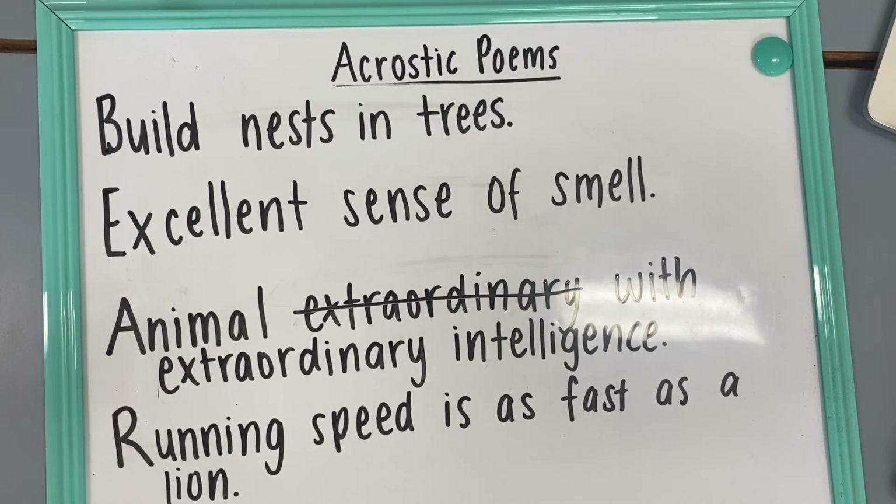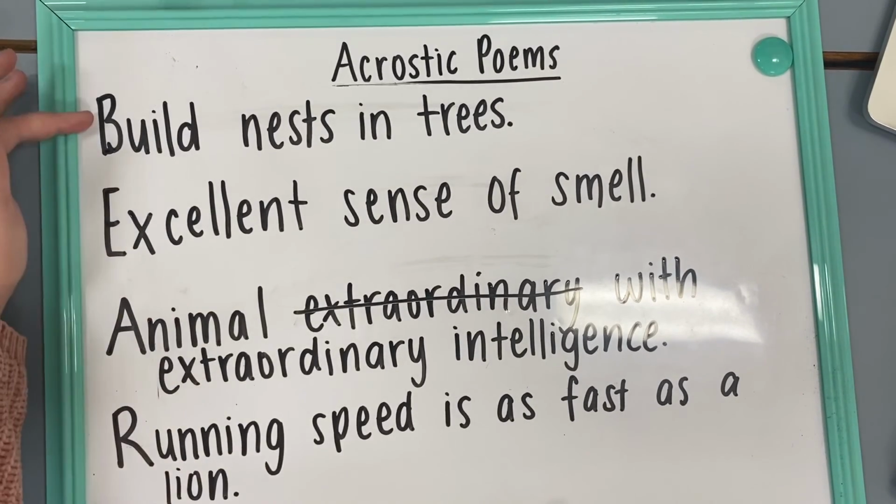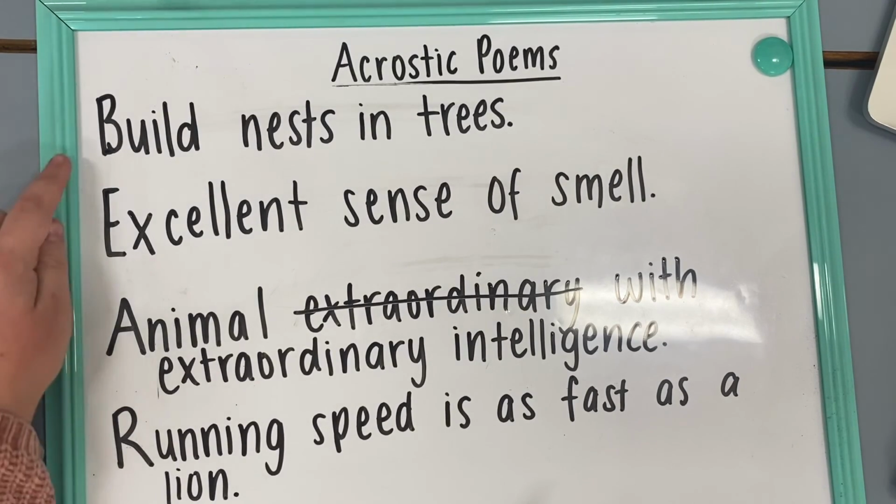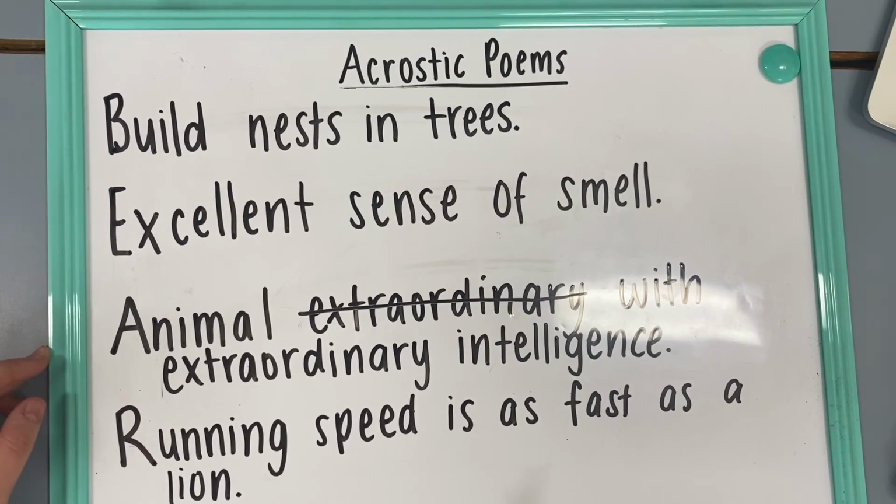I'm looking forward to seeing lots and lots of different sloth poems. So when you first start, make sure you write sloth down the side of your page, and you're going to write some phrases to describe a sloth, making sure to use more than one word and describing them as best you can.